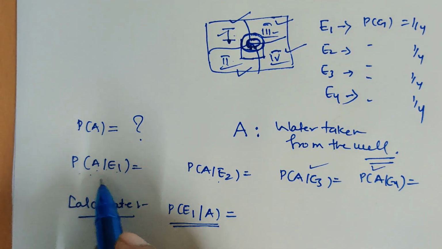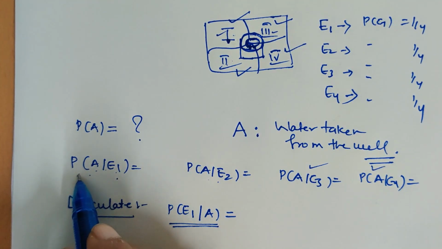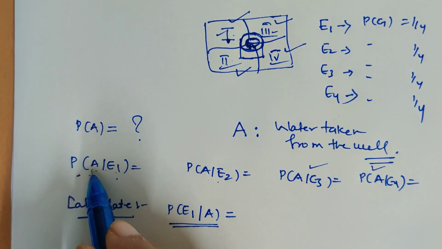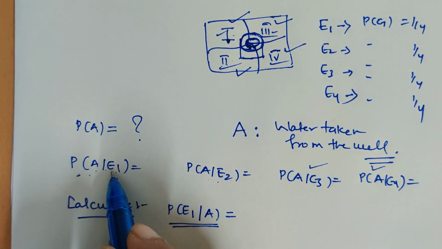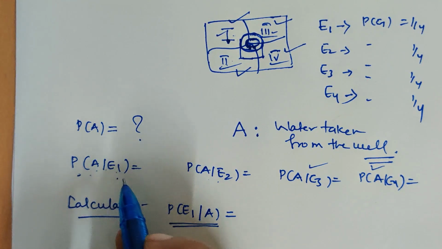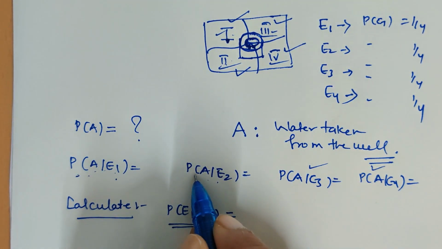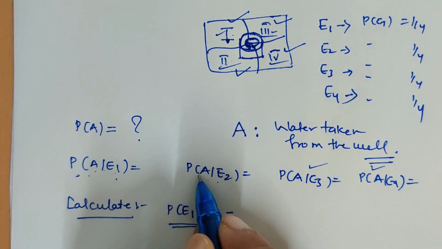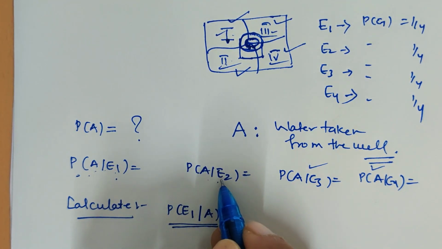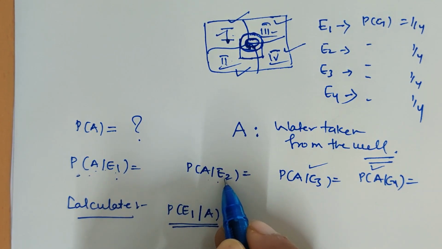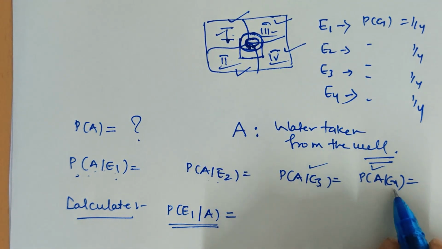This can be read as: what is the probability that some water has been taken from the well under the given condition that the water has been taken by the first house? Again, what is the probability that the water is taken from the well given that the water has been taken from the second house, the third house, the fourth house?